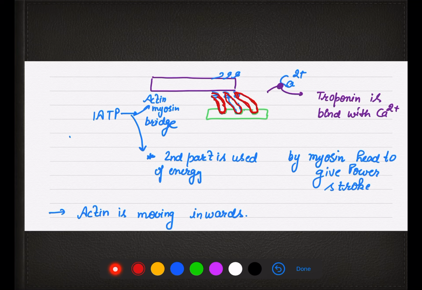In this way a cross bridge is formed. Now what is happening? For this movement 1 ATP is required, right? When 1 ATP breaks, what will be made? One part of the energy released forms the actin-myosin bridge, right? The actin-myosin bridge is formed.